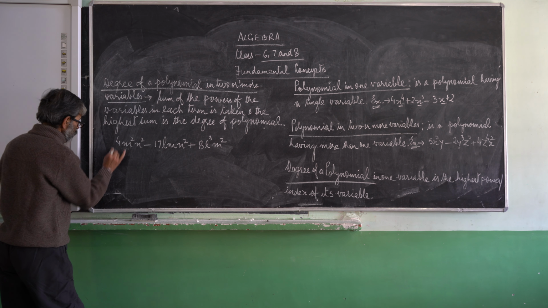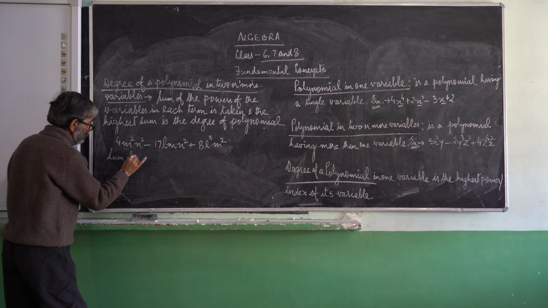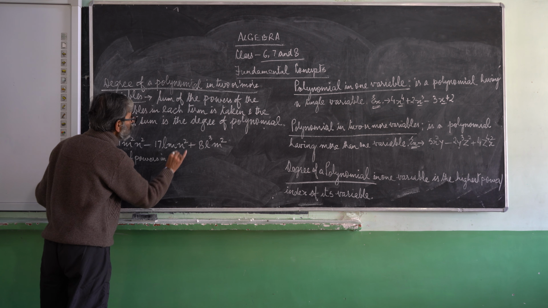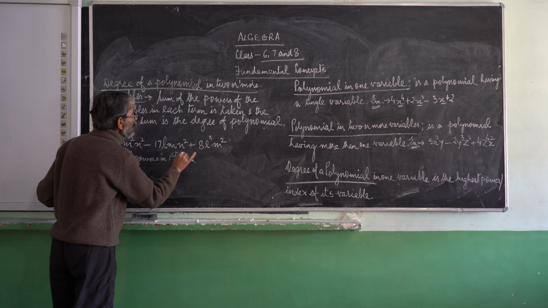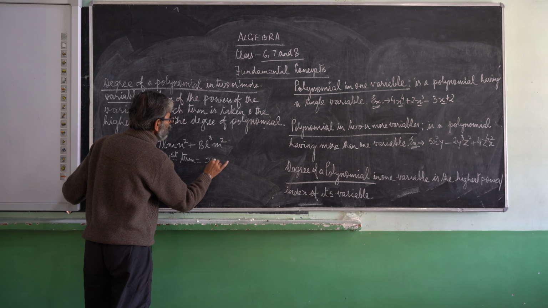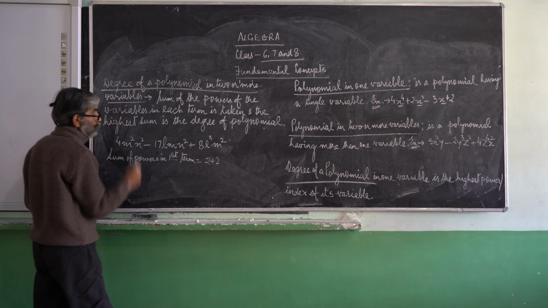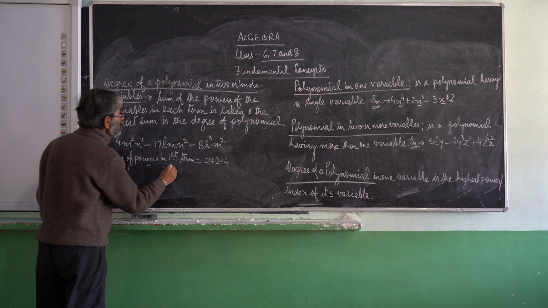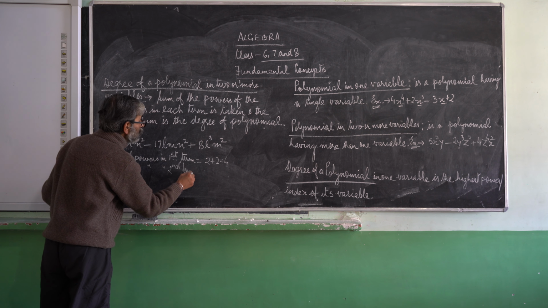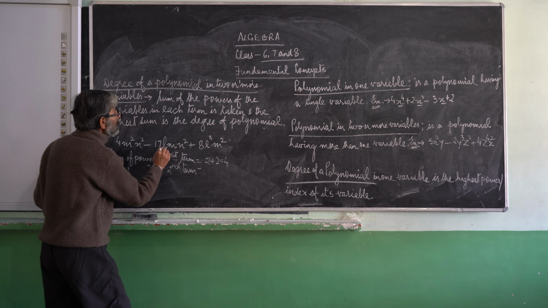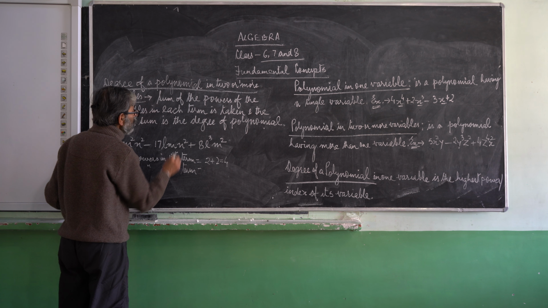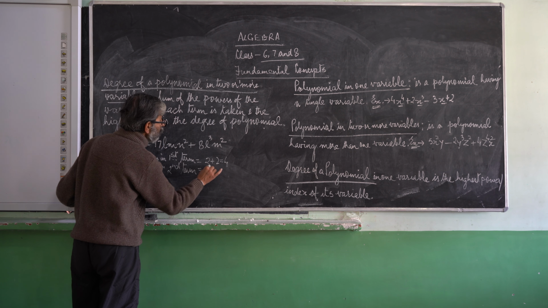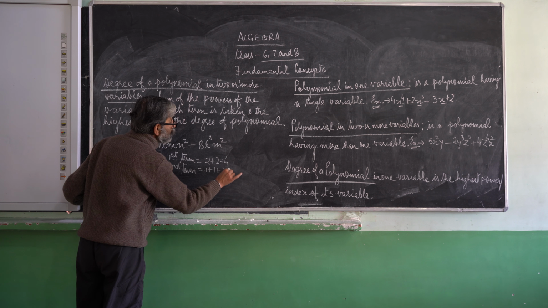So sum of exponents, sum of powers in first term is equal to 2 plus 2. Why 2? Because m to the power of 2 and n to the power of 2, that will be 4. Sum of powers in second term, second term contains 3 variables and power of l is 1, power of m is 1 and power of n is 2, so is equal to 1 plus 1 plus 2, that is equal to 4.